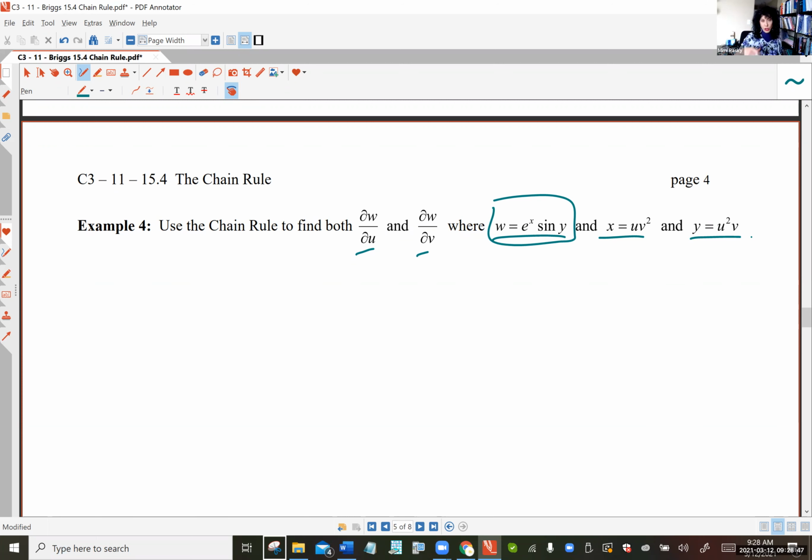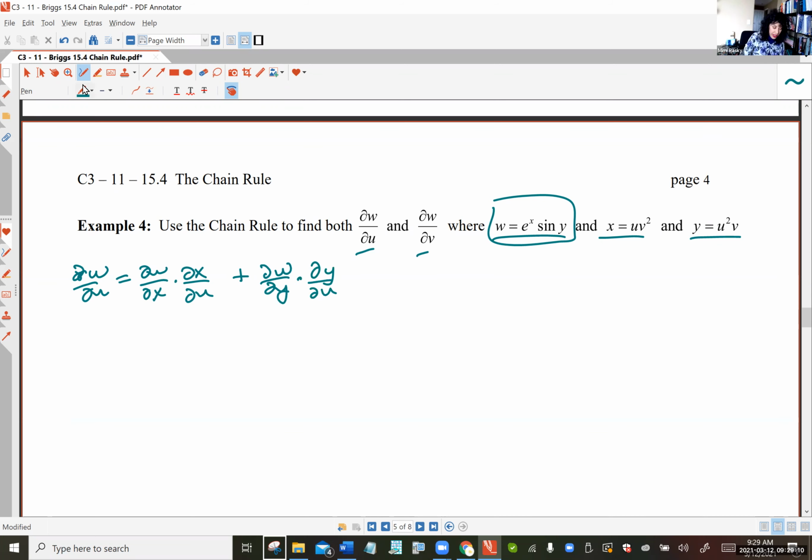Don't say, oh, just look at the theorem, professor, I don't need to write it. No, you're going to write it. So you're going to write down dw du is equal to the partial of w with respect to x times the partial of x with respect to u, plus the partial of w with respect to y times the partial of y with respect to u.